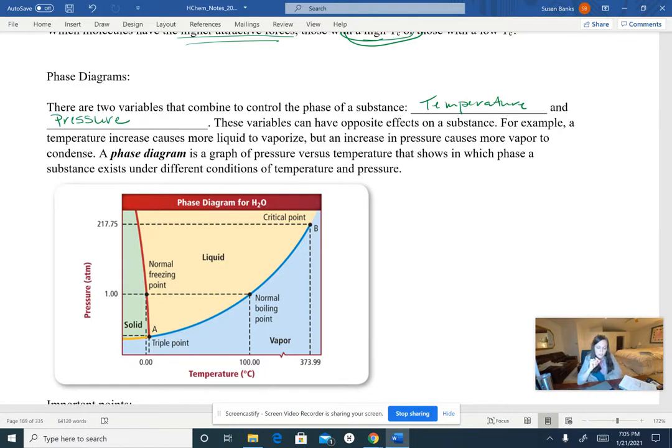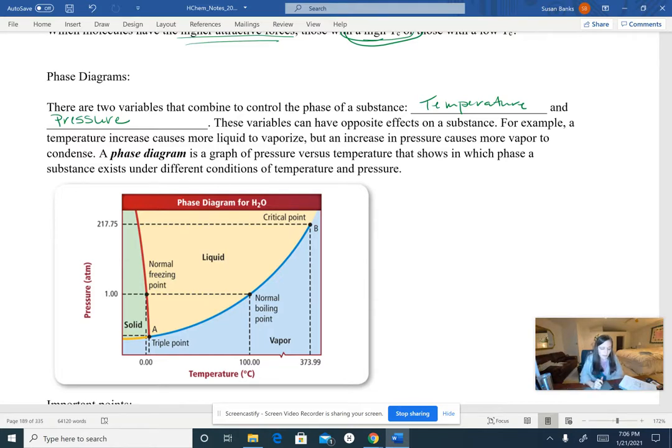Okay, so we use these two variables. They have an opposite effect on a substance. For example, a temperature increase causes more liquid to vaporize, but an increase in pressure causes more vapor to condense. So they're inversely related.